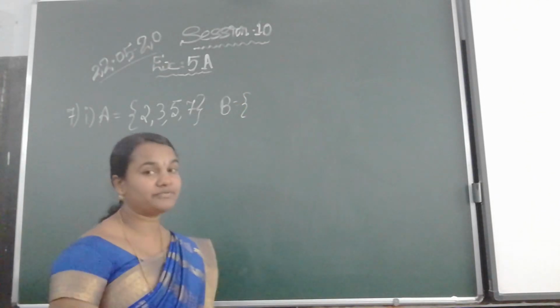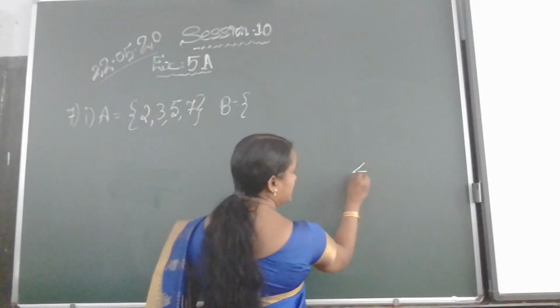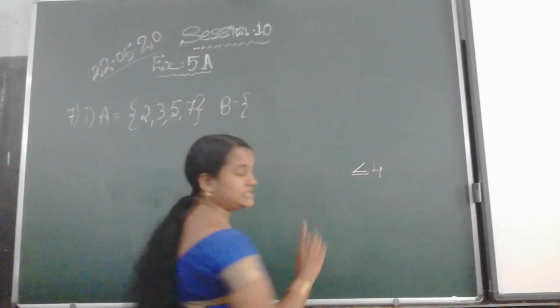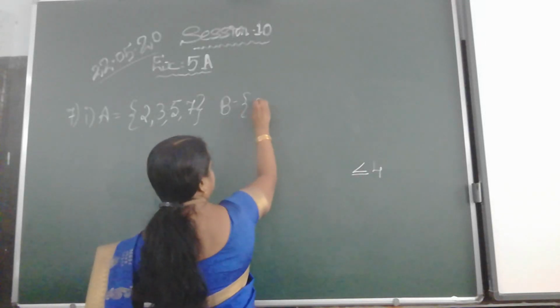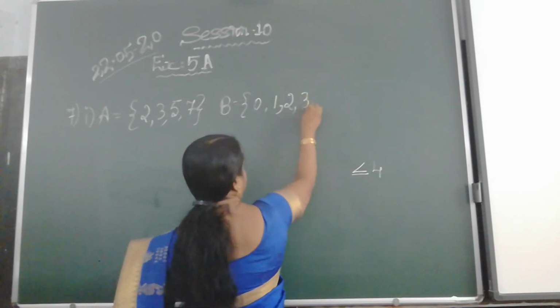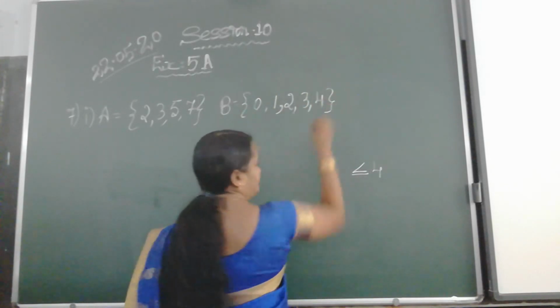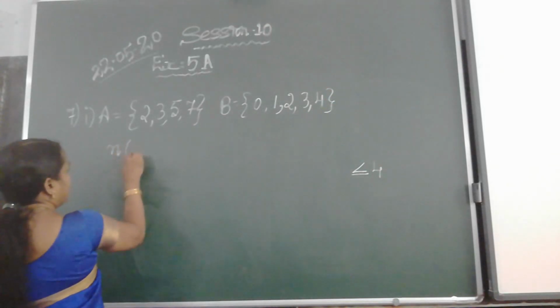Whole numbers start from 0. And children, it is given less than or equal to 4, that means 4 also we have to include. Means 0, 1, 2, 3, 4. Clear?